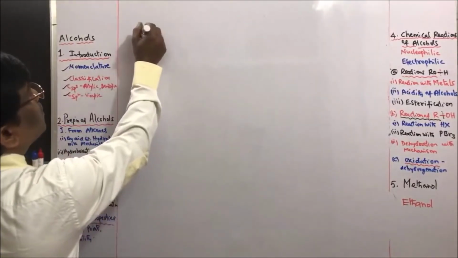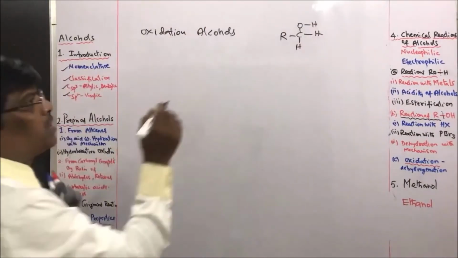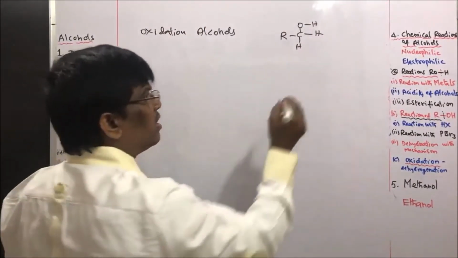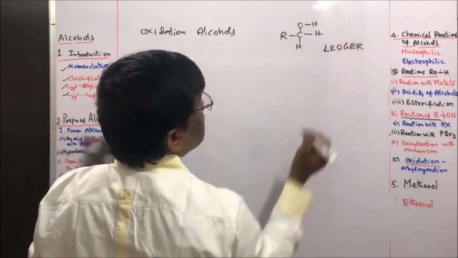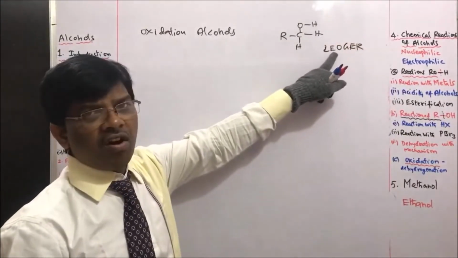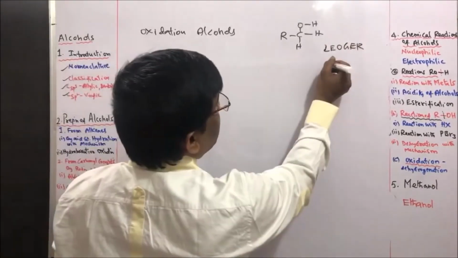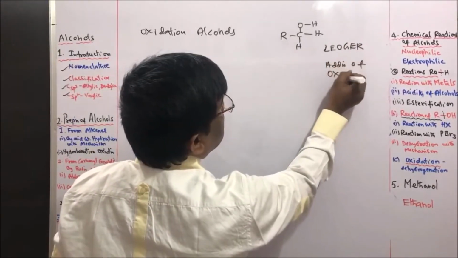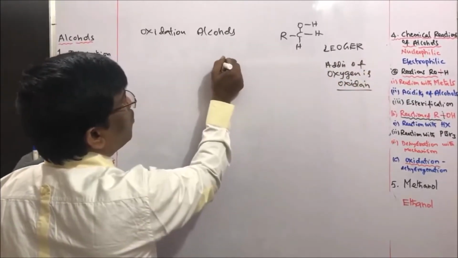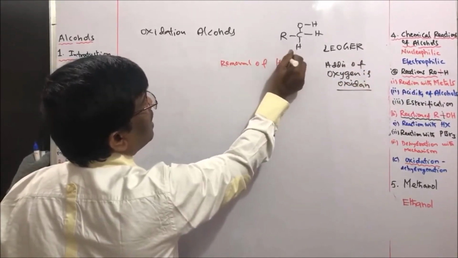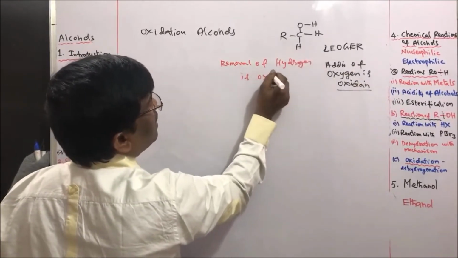Oxidation of alcohols. In principle, what is oxidation? We have learned OIL RIG: loss of electrons is oxidation, or addition of oxygen is oxidation, or removal of hydrogen is oxidation.